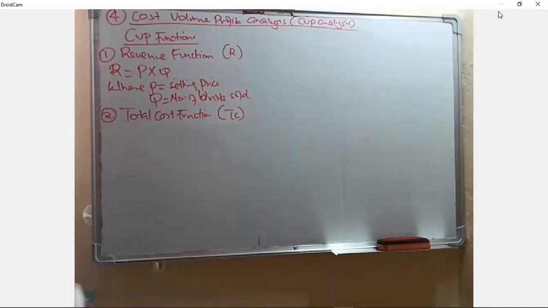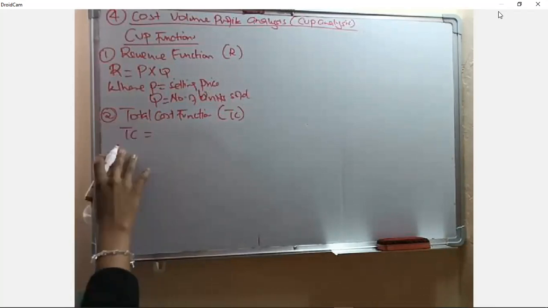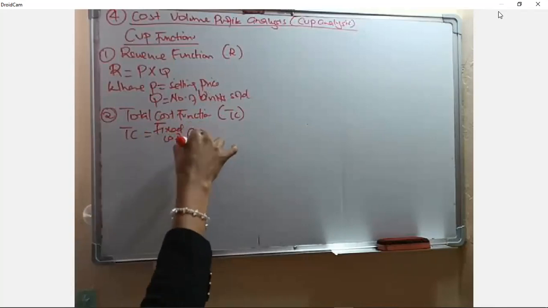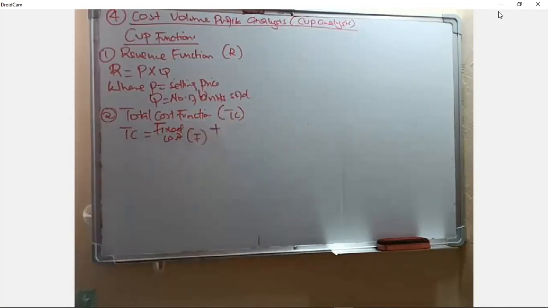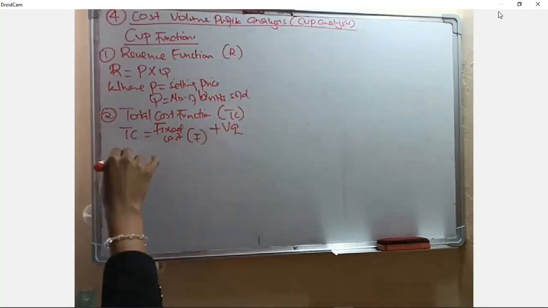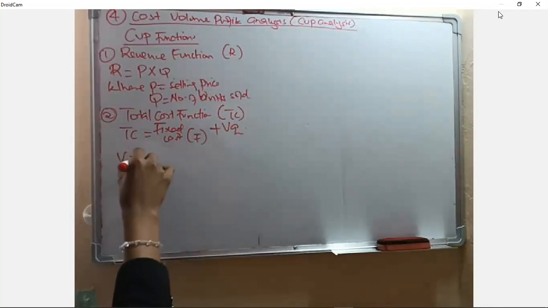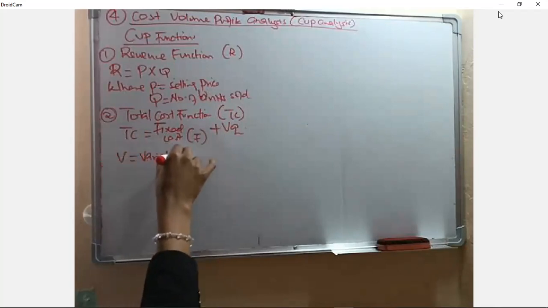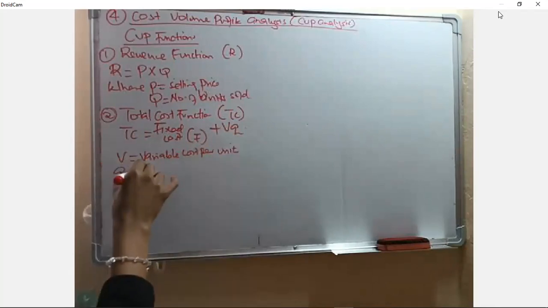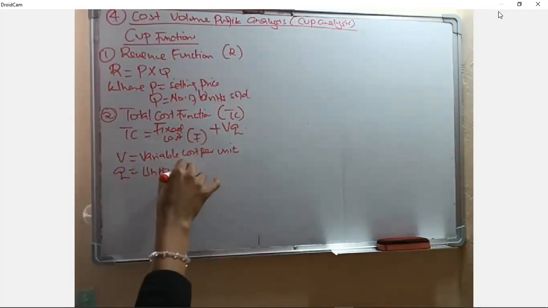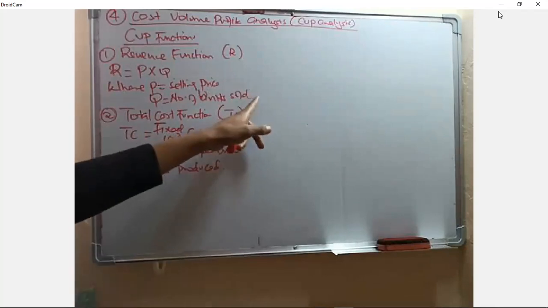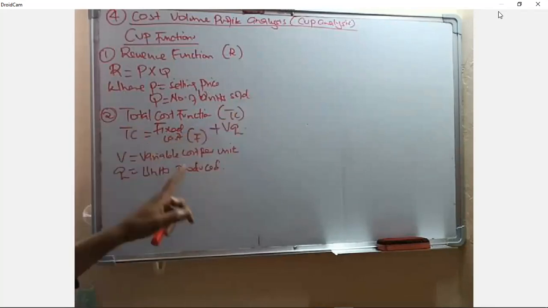To get my TC, because these are total costs, you take the fixed cost, denoted by F, plus variable cost VQ, where V is the variable cost per unit and Q is the units produced. So this is the total cost we incur to produce.